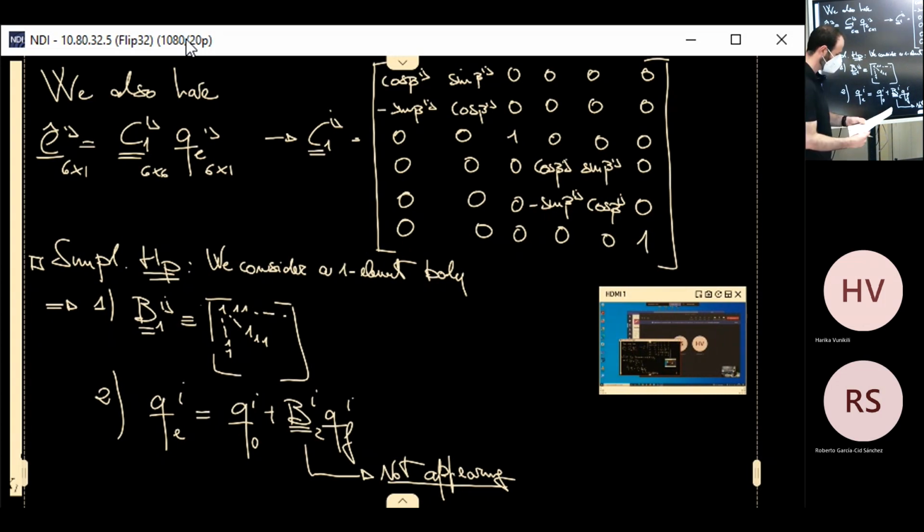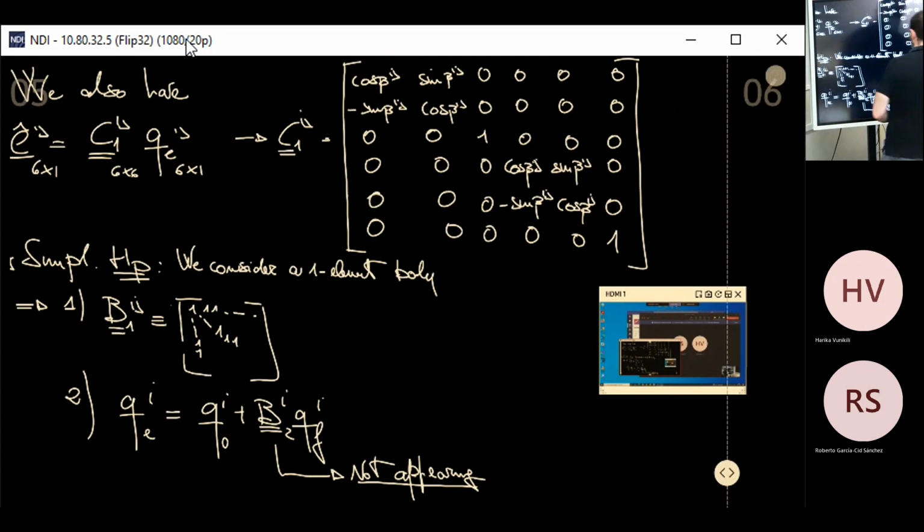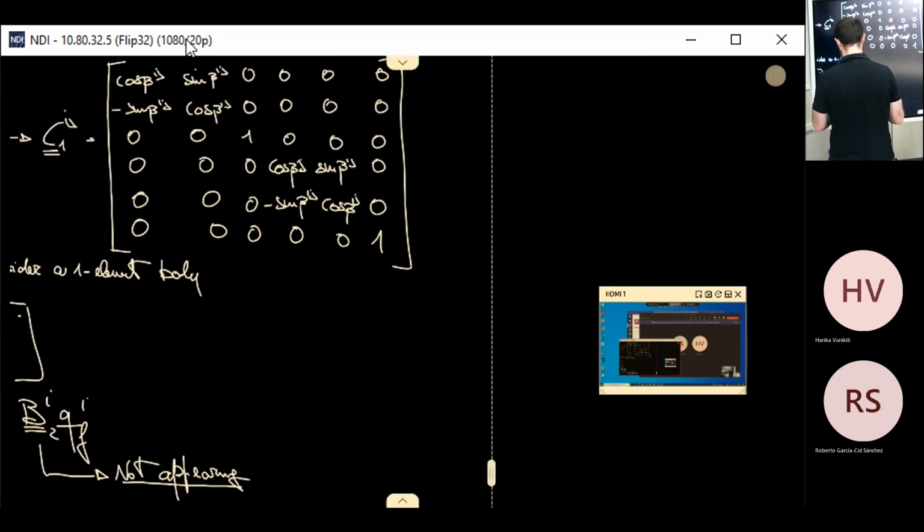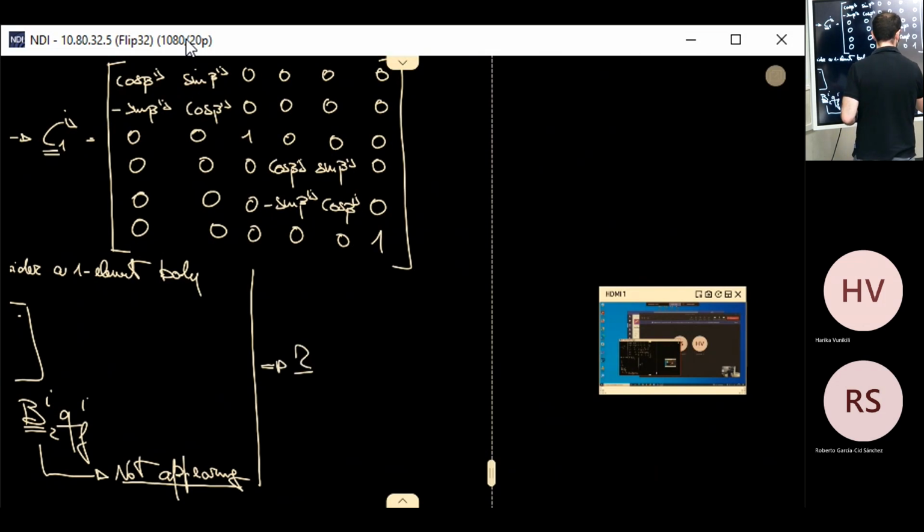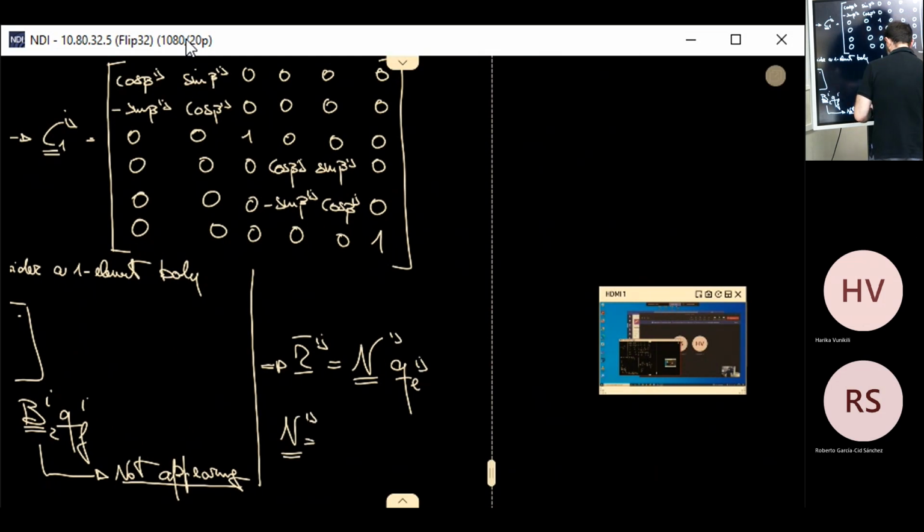All right. And therefore, the consequence of all of this is that our position r_ij is always N applied over q_e, and N is C2, C1.